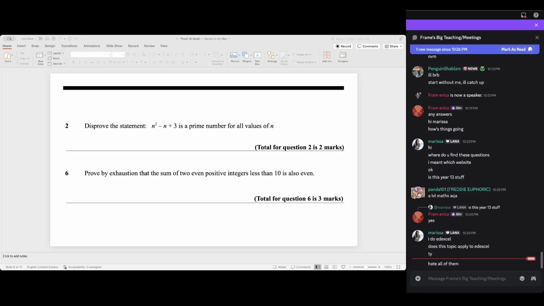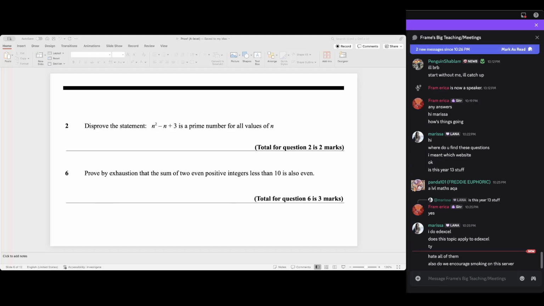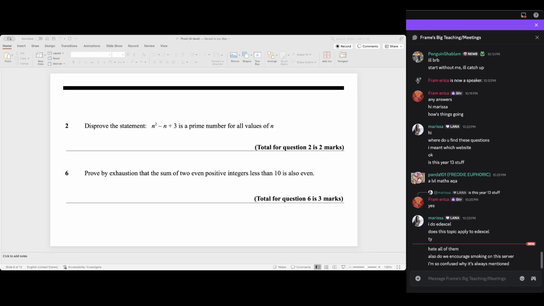I think I did the second one. Also, do we encourage smoking? What do you mean? It is under our regulations that we do not encourage things that break the law or break TOS, and we do prefer that our members do not smoke or drink.